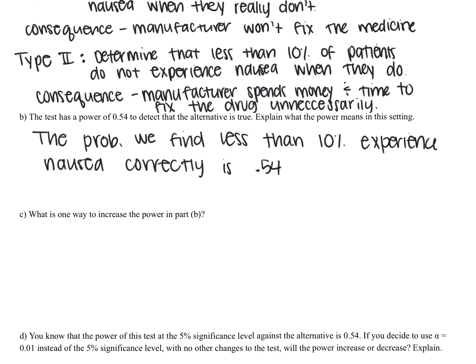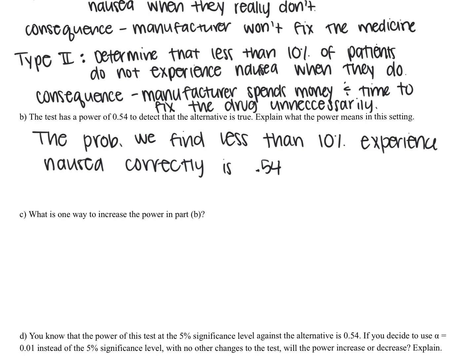Because remember, the power is the probability you rejected correctly. So the probability, if you reject, that means your alternative hypothesis would be true, kind of in quotes. So the probability that less than 10% experience nausea correctly is 0.54.